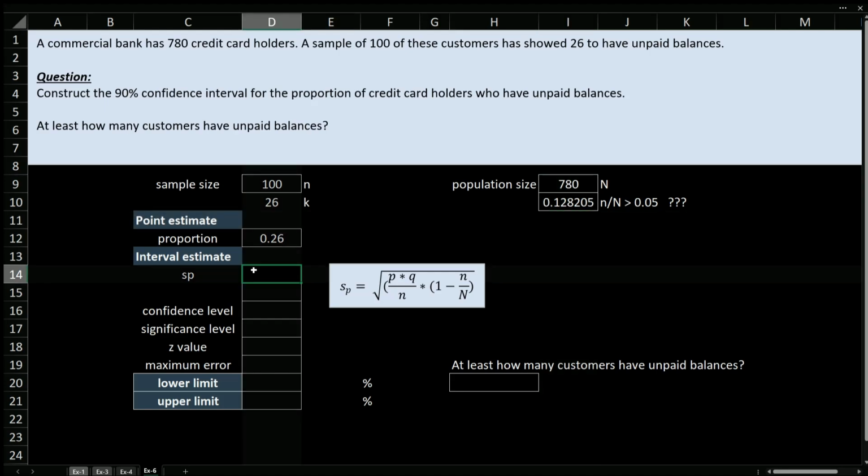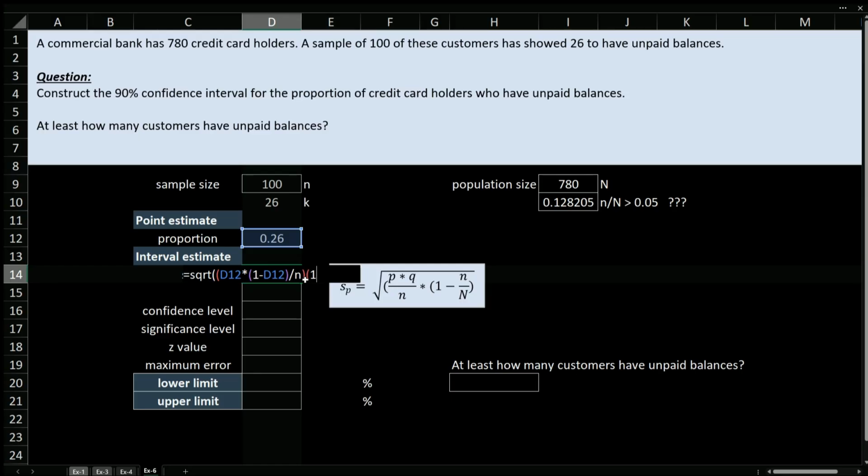So SP is SQRT of P times Q, which is 1 minus P, divided by n, so let me put this one in another parenthesis, and multiply whole thing by correction factor. Correction factor is root 1 minus n over N, but here for SP it comes inside the radical sign, we don't need another radical.